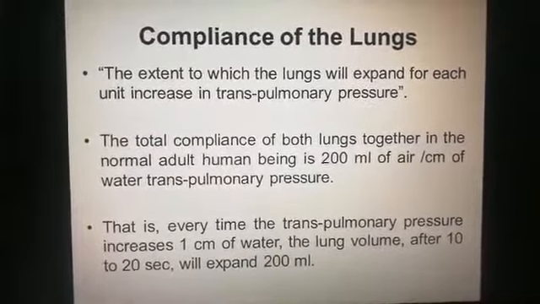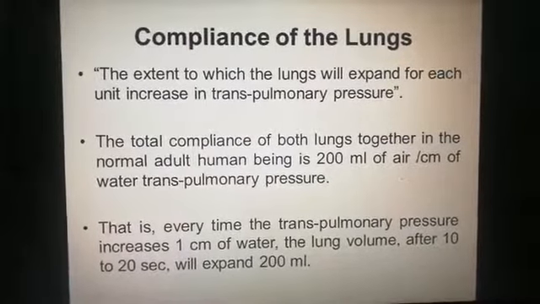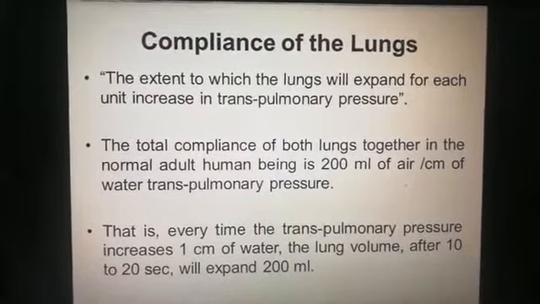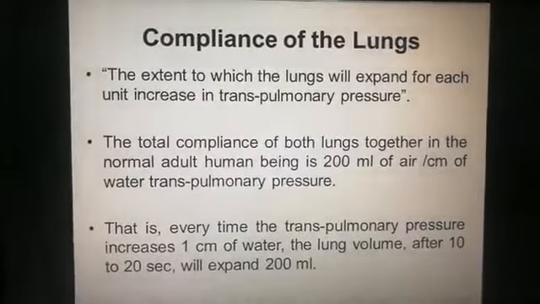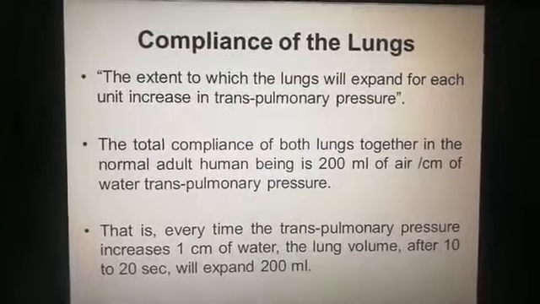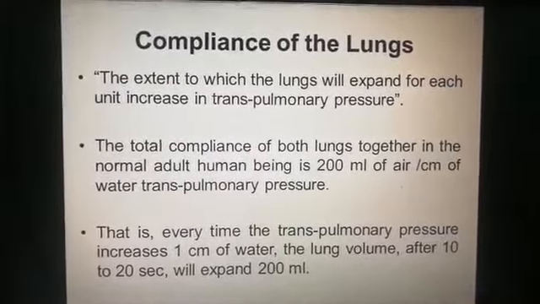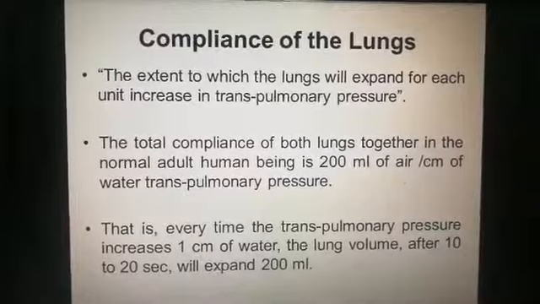And the total compliance of a normal adult human being is 200 ml of air per centimeter of water transpulmonary pressure. That is, every time the transpulmonary pressure increases 1 centimeter of water, the lung volume after 10 to 20 seconds will expand 200 ml.